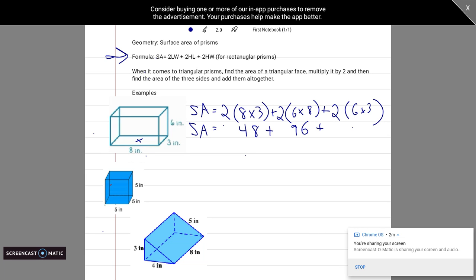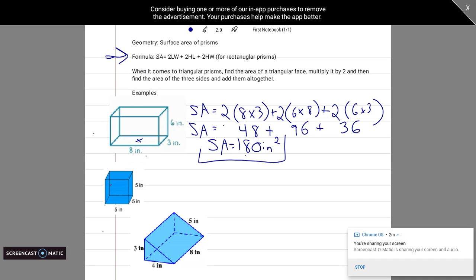And 2 times 6 times 3 gives me 36. So now it's just a matter of adding everything up. 48 plus 96 plus 36 is going to give me a total surface area for this rectangular prism of 180 inches, and again, squared.